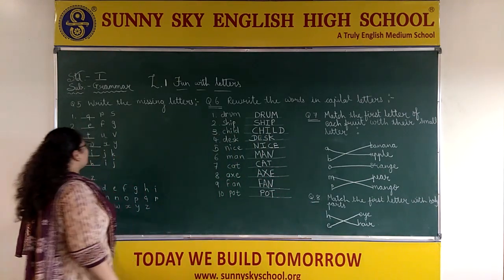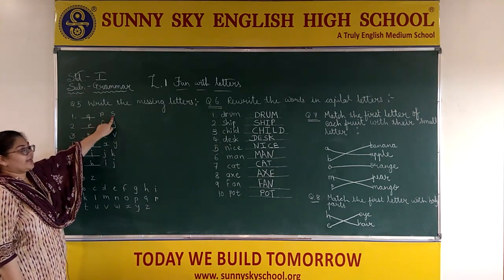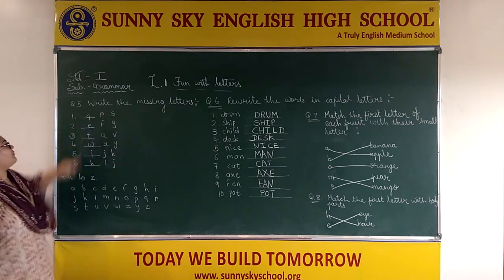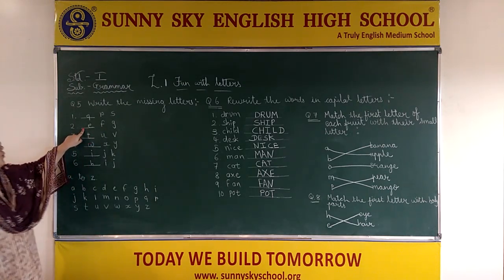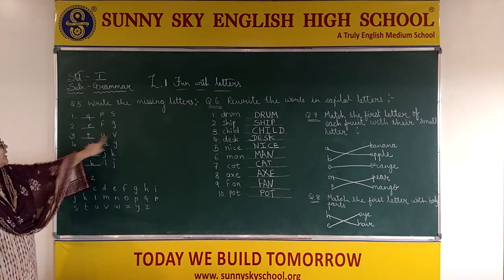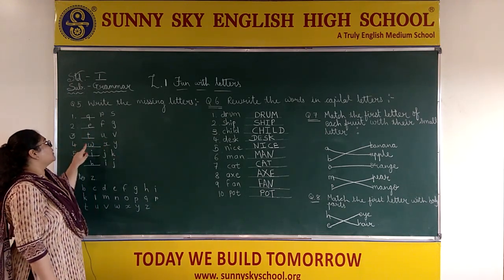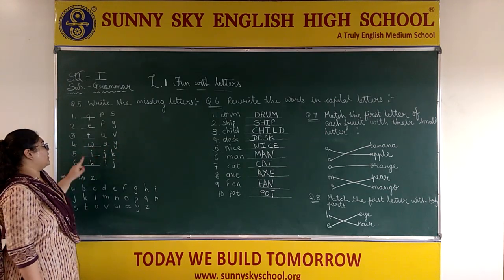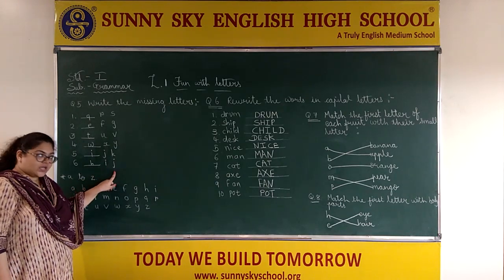Here first of all we have done missing letters. What will come before R and S? Q. Same way, what will come before F and G? E. What will come before U and V? T. Same way, dash X, Y. W, X, Y. I, J, K and H, I, J.